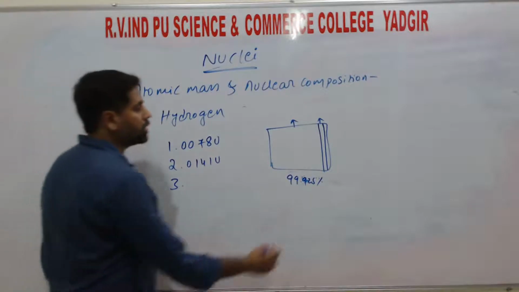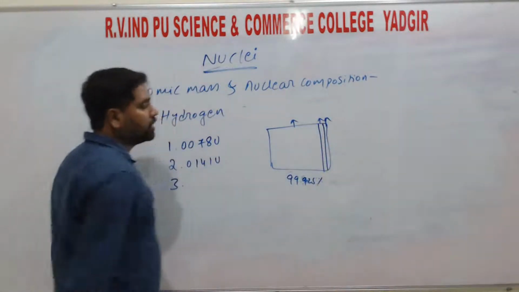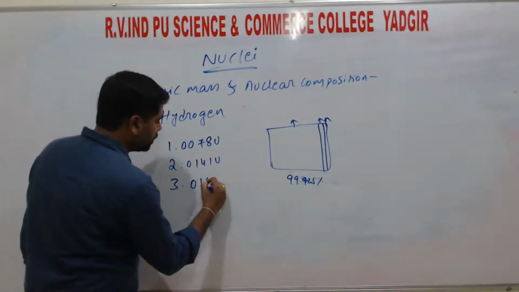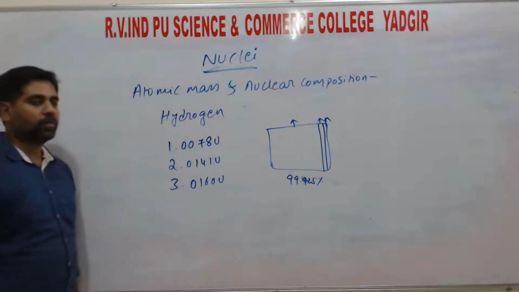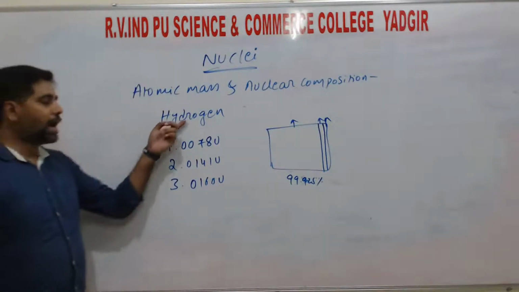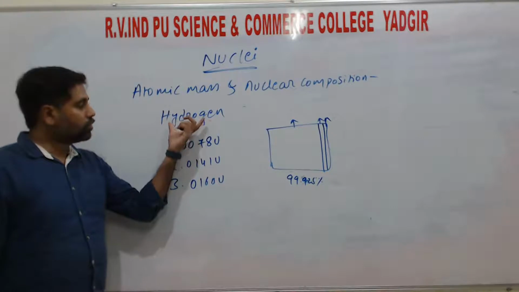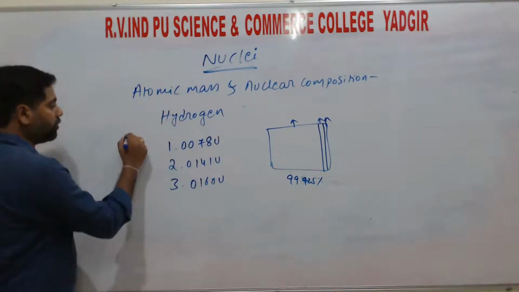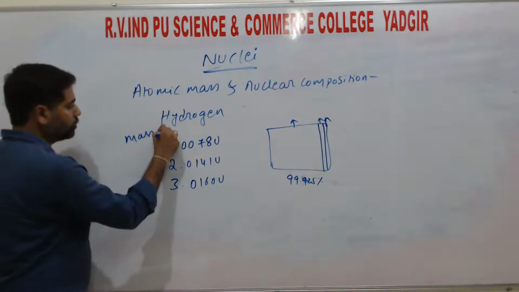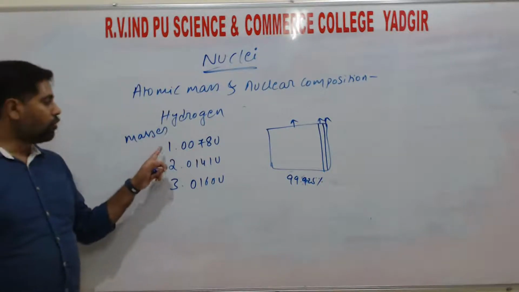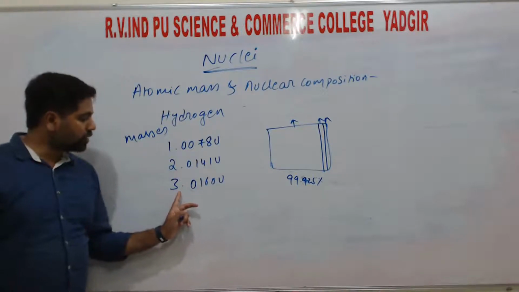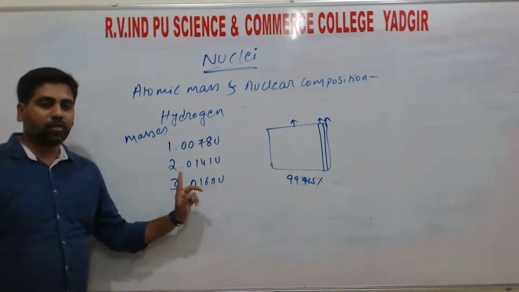This is the third type of atoms, which have the mass 3.0160 U, right? Hydrogen is the simplest atom, and this hydrogen element has three different masses: 1.0078, 2.0141, and the third type is 3.0160, right?